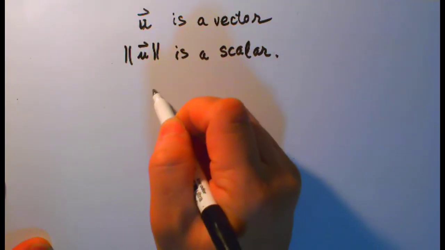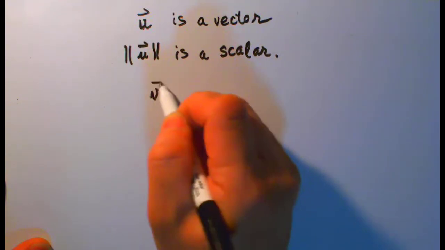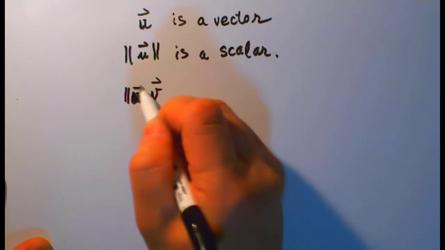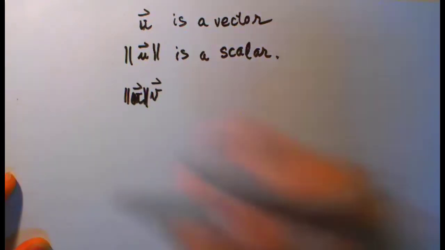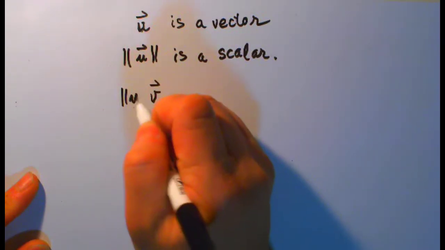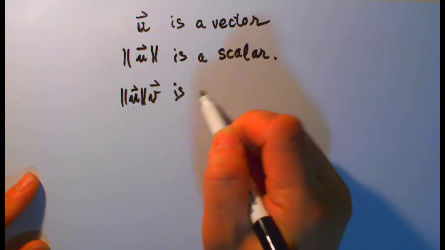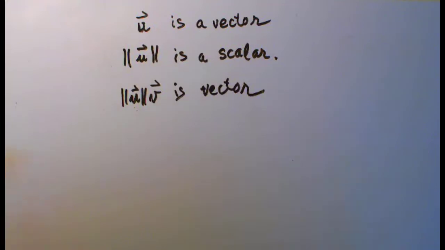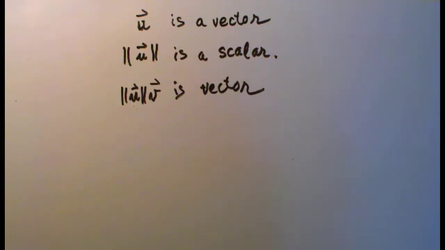So think about if you have another vector, say v, and you multiply the length of u with v. That is completely legal, and that is a vector. All right, that's just a couple of reinforcements I need to remind everybody. And so here we go.